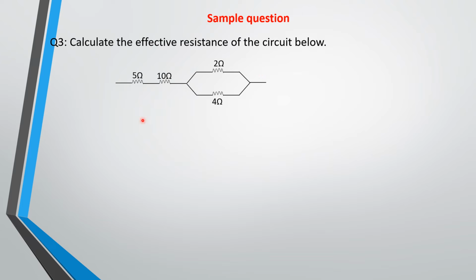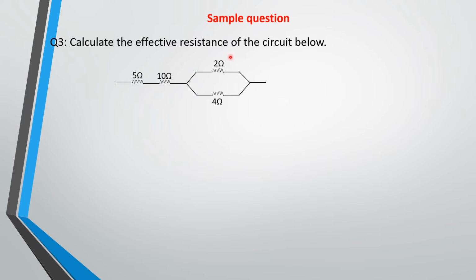Now when you look at this circuit arrangement, you find out that some of the resistors are connected in series while some are connected in parallel. So when you have a situation like this, what you do first of all is look at the parallel sides. You first solve for the parallel side before you make everything series. Then you add up your total resistance to get your overall resistance.